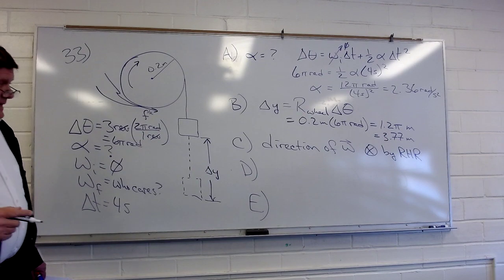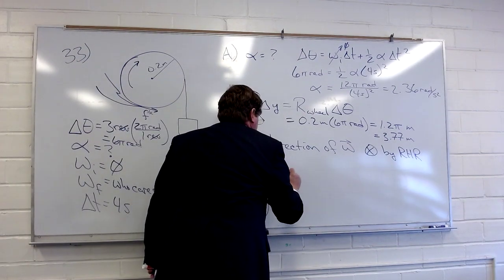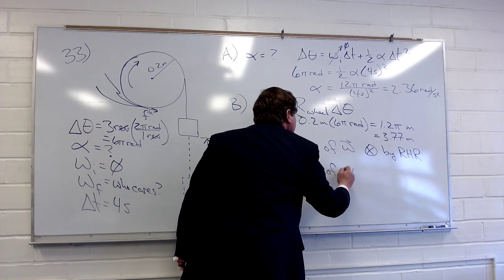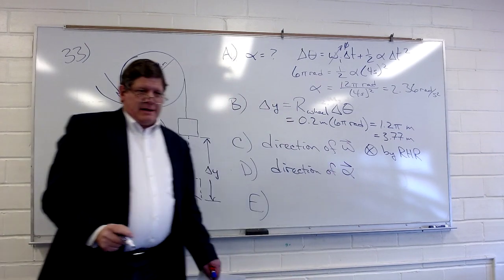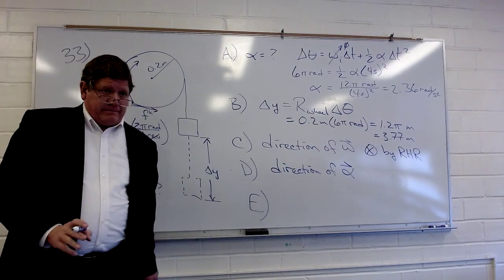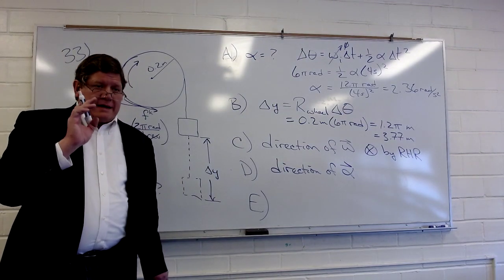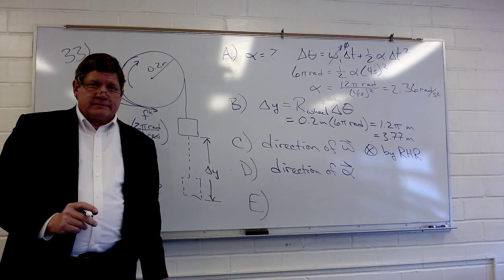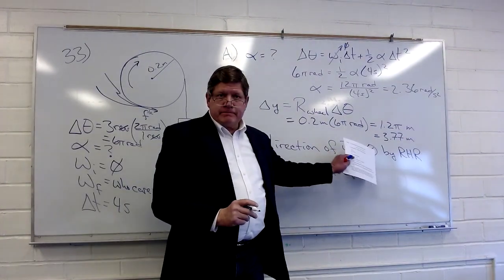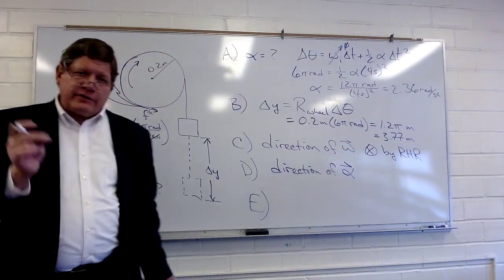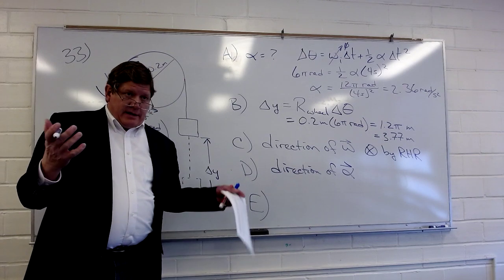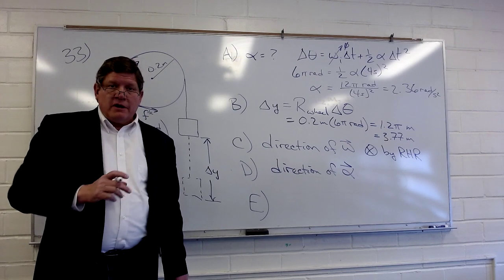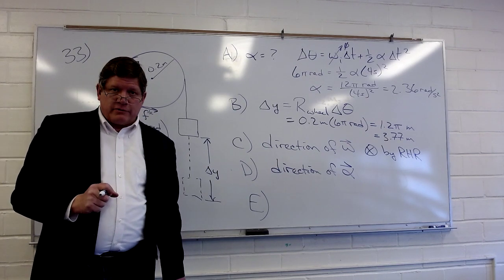Now, part D asks us for the direction of the angular acceleration alpha. Now, let me be clear. There is absolutely no right-hand rule for alpha. Okay? Right-hand rule is for omega. For alpha, we have to do some thinking. We have to say, is this wheel spinning faster and faster as time goes on, or is it spinning slower and slower as time goes on?